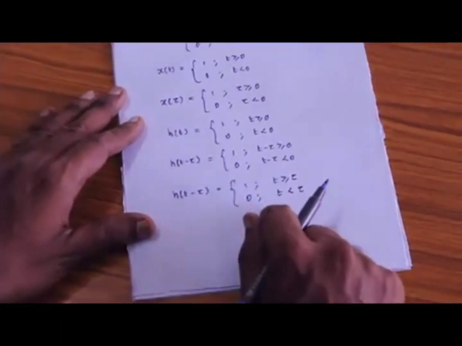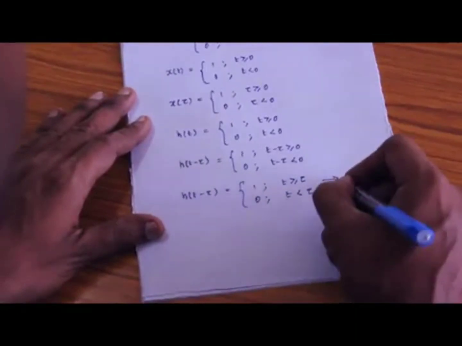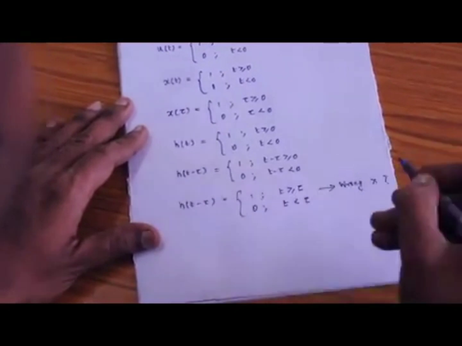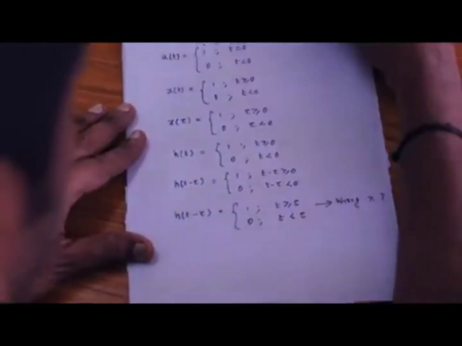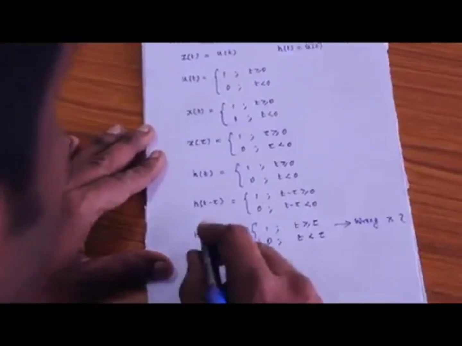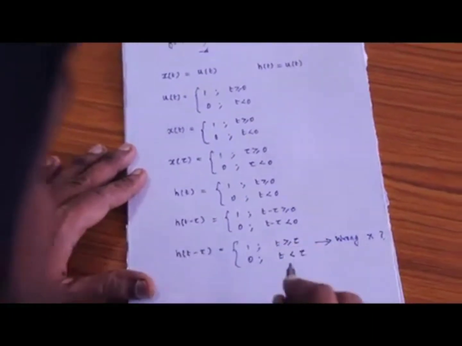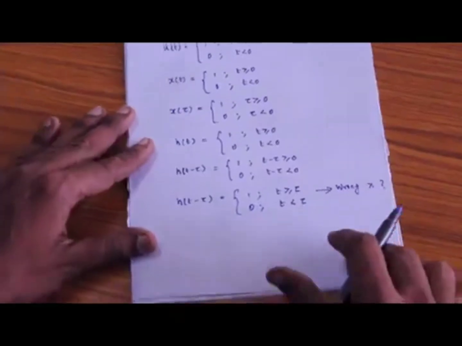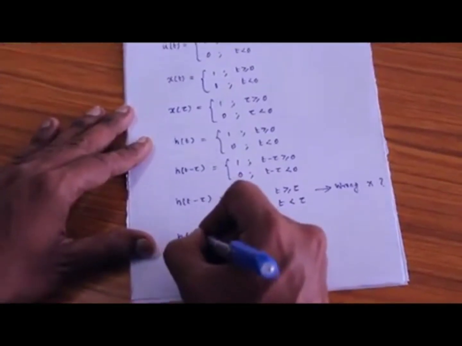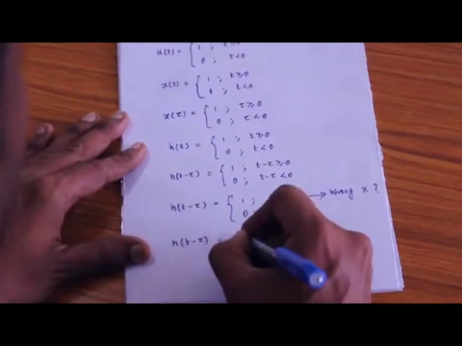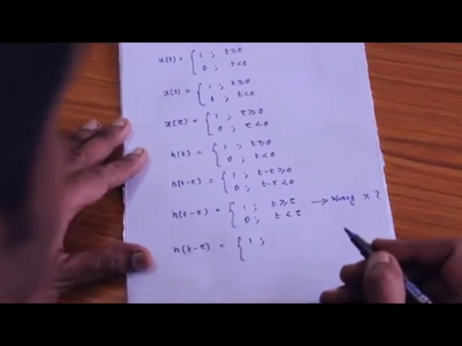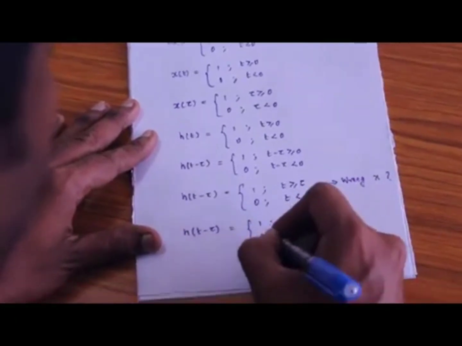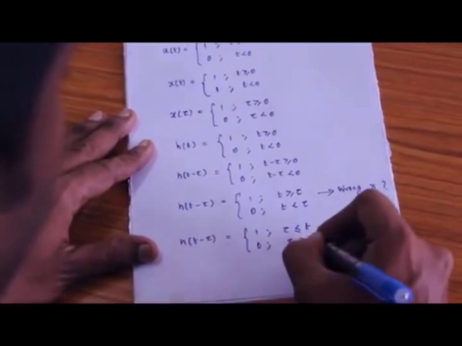But if you write like this, it is wrong. Why is it wrong? The function is with respect to tau, so you have to write h of t minus tau with respect to tau, but now we have written with respect to t, so this is wrong. Actually we have to write h of t minus tau is equal to 1 for tau less than or equal to t and 0 for tau greater than t.